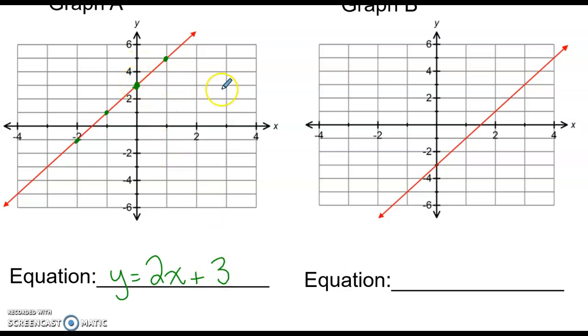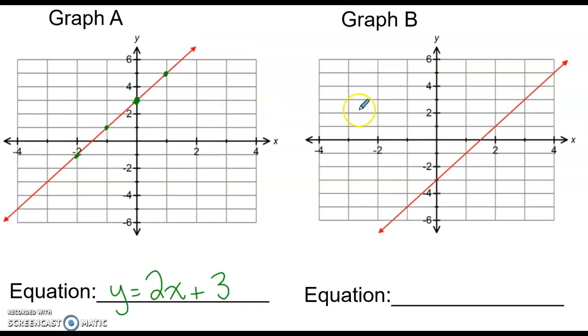The next graph over here, let's see where it crosses the y-axis. It crosses the y-axis here at negative 3. Again, how much does it go up between one point and the point next to it? It goes up by 2 each time, because here it goes from negative 3 to negative 1, negative 1 to positive 1, positive 1 to positive 3, and so on.